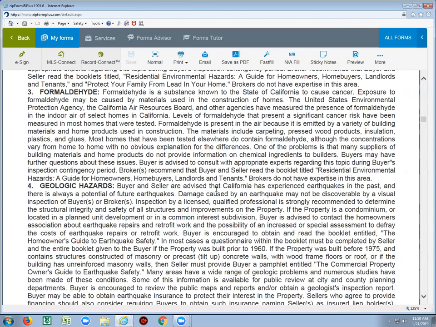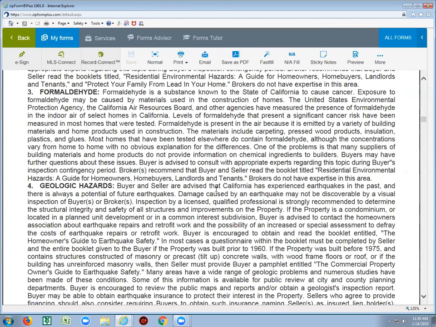Levels of formaldehyde presenting a significant cancer risk have been measured in most homes that were tested. Formaldehyde is present in the air because it is emitted by a variety of building materials and home products used in construction. So when it's a new home, you have more issues. Second hand, it's all airborne, gone. Just like when you buy a new car, the fresh smell. New home, fresh smell. Yeah, you smell a lot of formaldehyde.